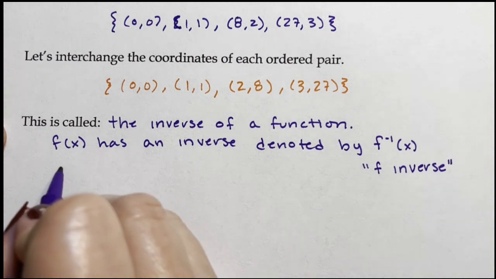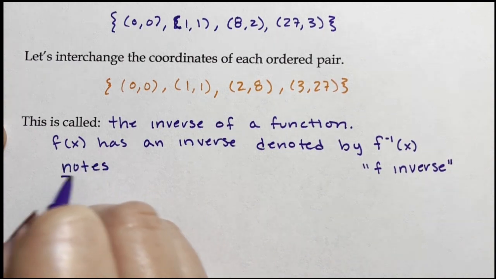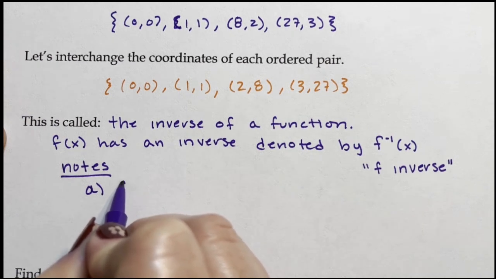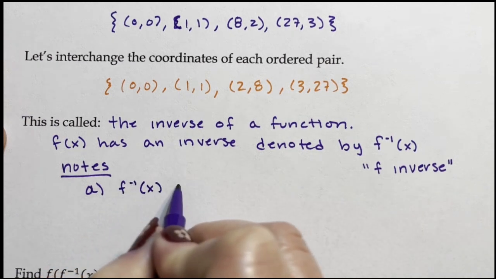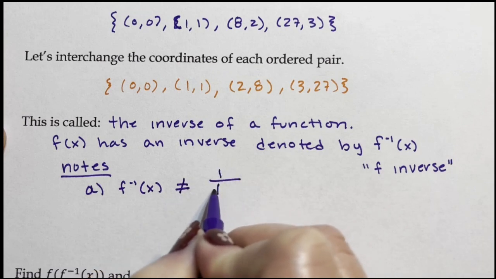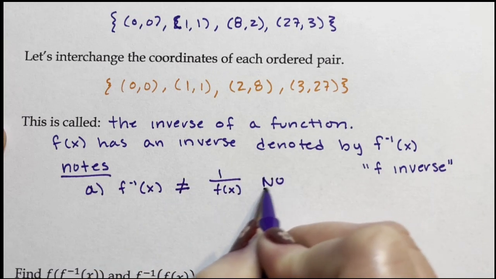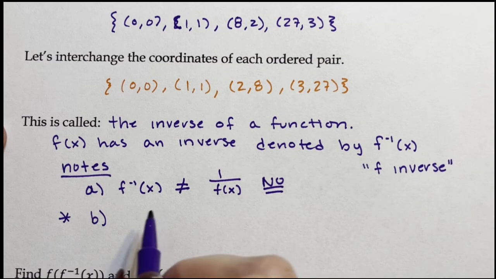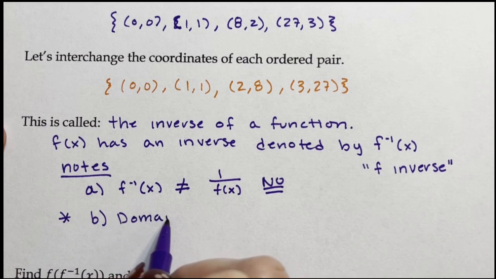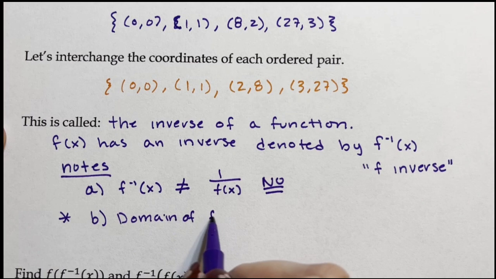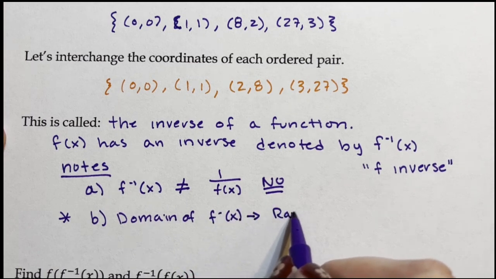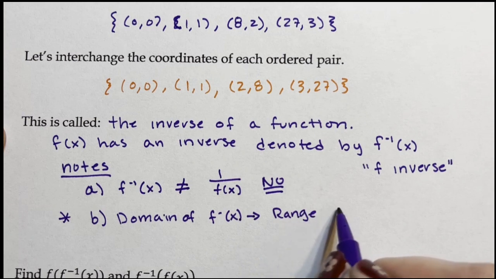So some notes. First one, which I just gave, is that f negative 1, f inverse of x, is not 1 over f of x. No, that's something different completely. B, and this is a big one: the domain of f inverse of x is the range of f of x.